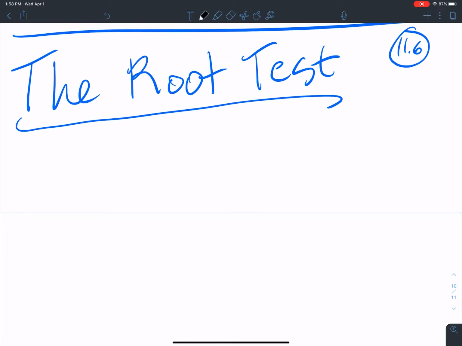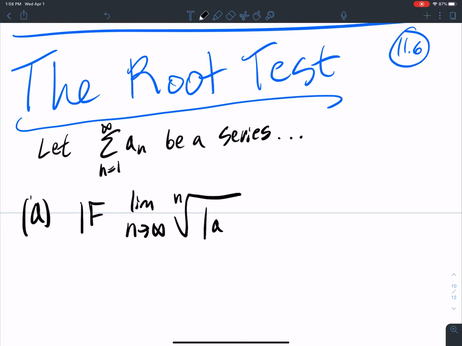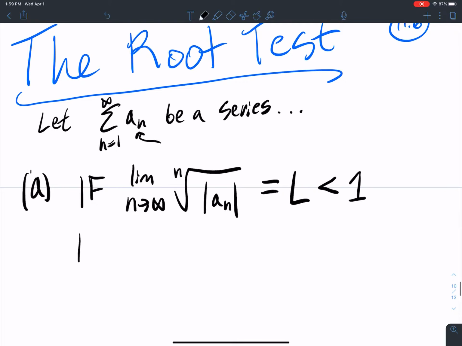The root test. We're going to let the series from n equals 1 to infinity of a_n be a series. Then the first part of the root test: if the limit as n goes to infinity of the nth root of the absolute value of a_n is equal to L, some number that's less than 1, then what?